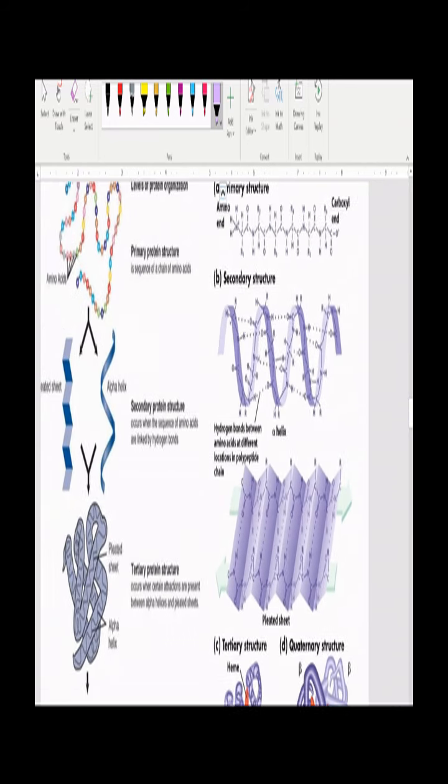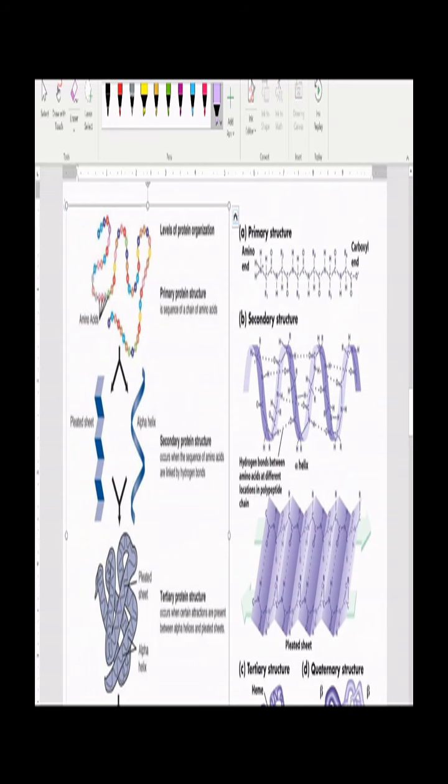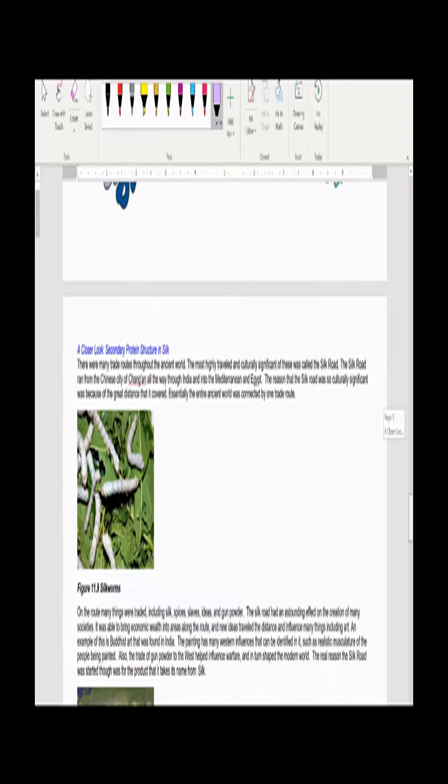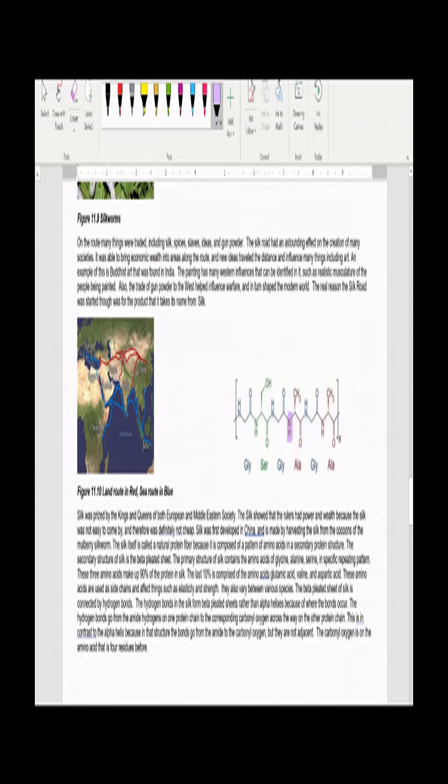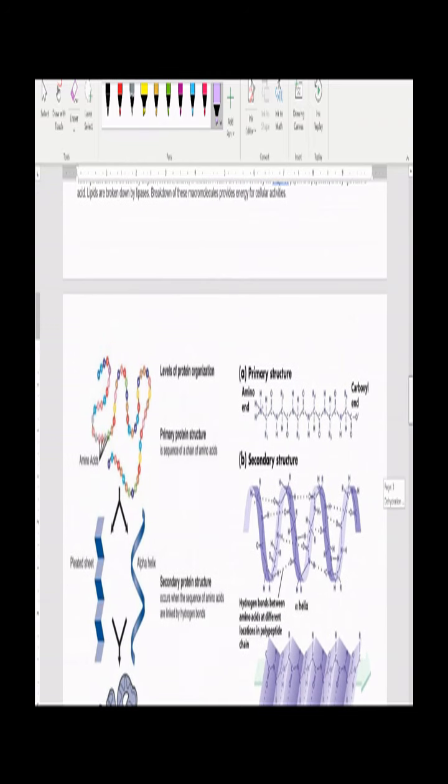And when you're looking at a protein, you talk about it in four levels of structure. There's your primary structure, which is just your basic amino acid chain, just like we looked at with silk. So here would be your primary structure, your chain, your pattern of amino acids.